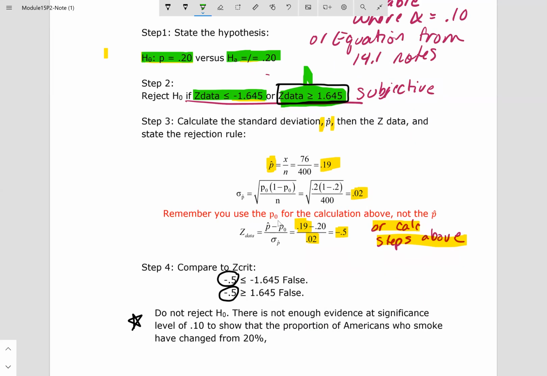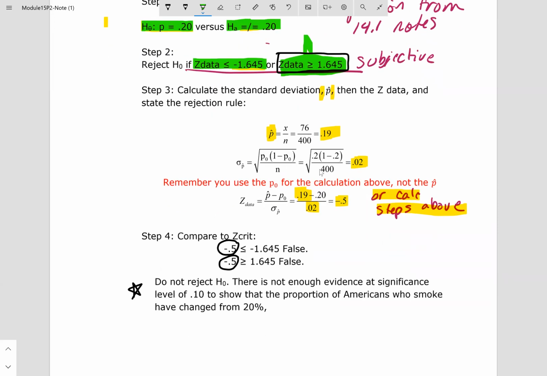Okay, step 3: calculate the standard deviation, the sample proportion, and the z data, and state the rejection rule. We did all of this because we wanted to find this z-score here. In order to find negative 0.5, we needed to find our p-hat, which was the proportion of the sample, and we needed to find our standard deviation.